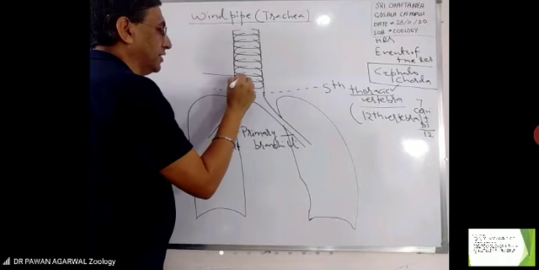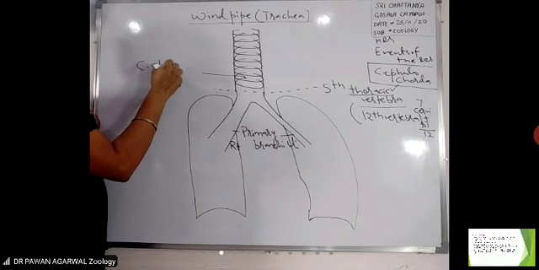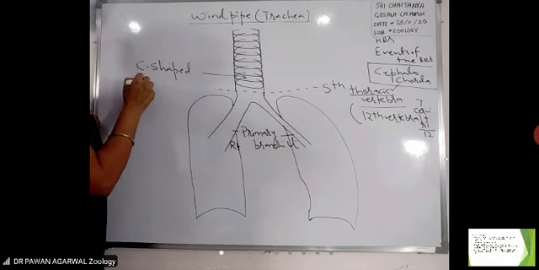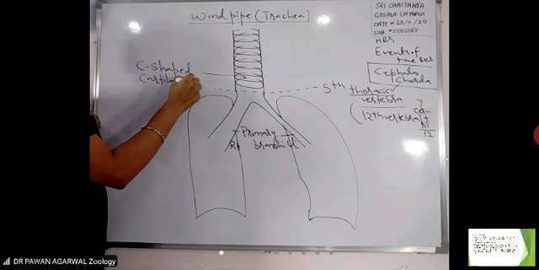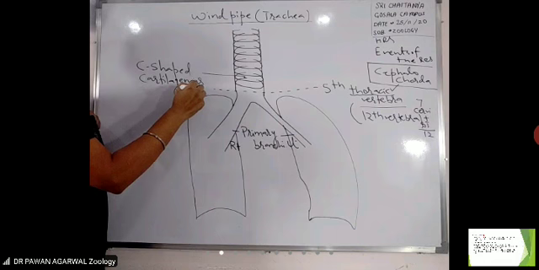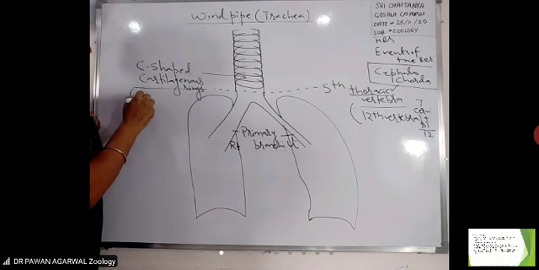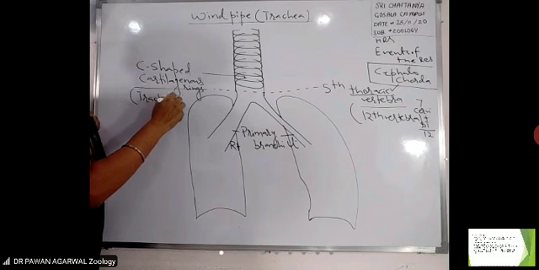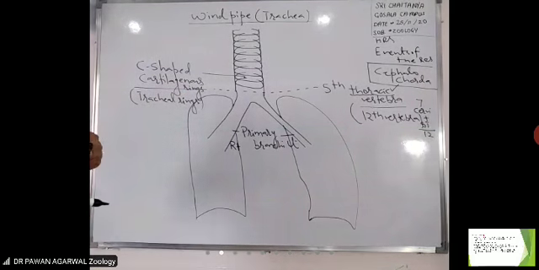They are the C-shaped cartilaginous rings, which are also known as the tracheal rings.